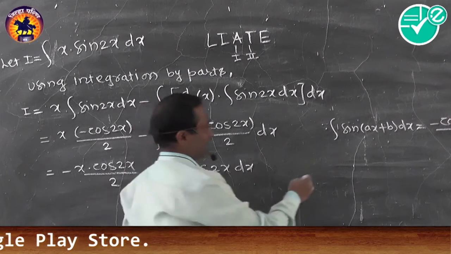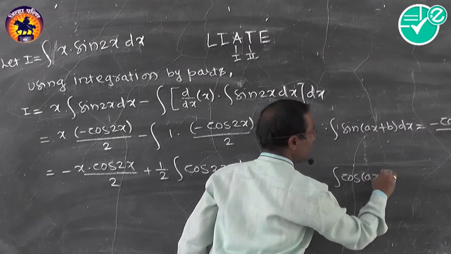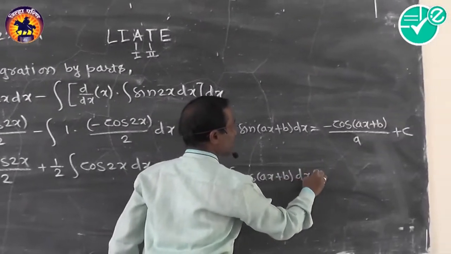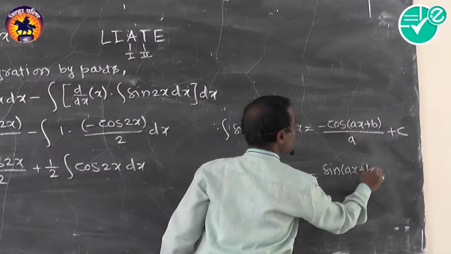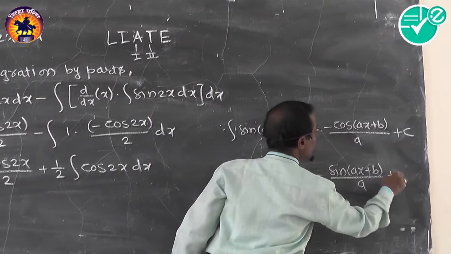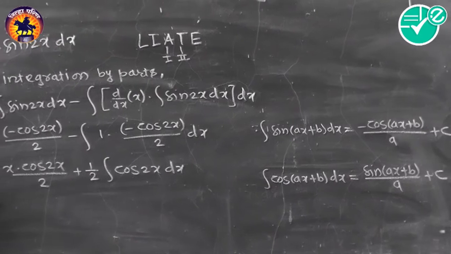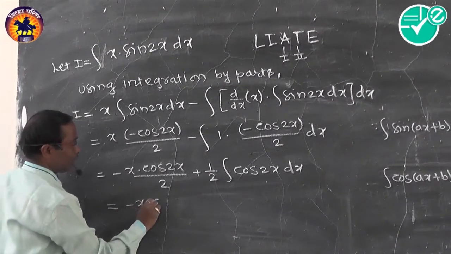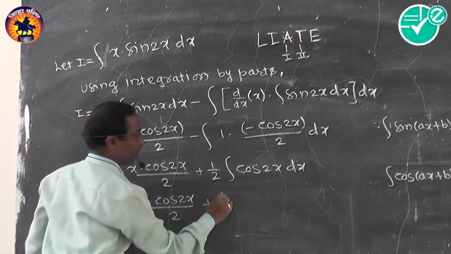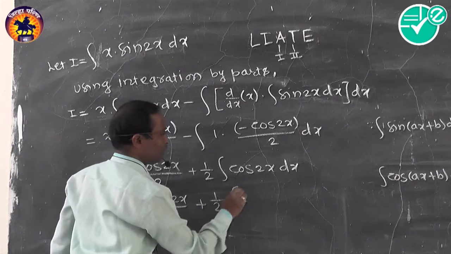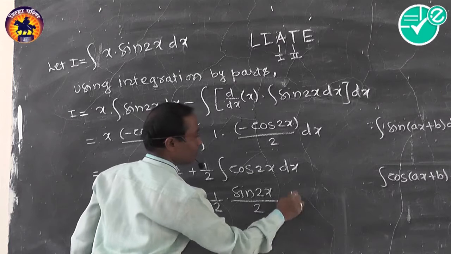Now again we take the integral of cos of ax plus b with respect to x, which is equal to sine of ax plus b divided by a, plus c. Now integration of cos is sine, we get minus x into cos 2x upon 2 plus 1 by 2 into sine 2x divided by the coefficient of x, which is 2, plus c.